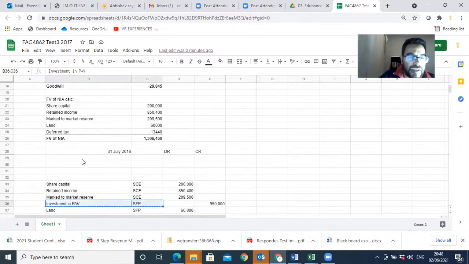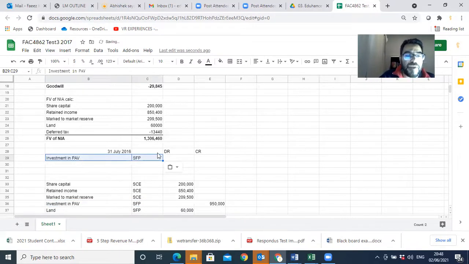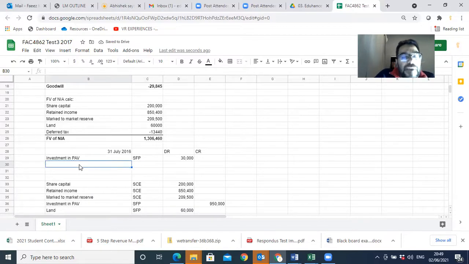So the journal entry will be: debit investment in PAV, 30,000. To increase an investment, you're increasing an asset, and an asset increases on the debit side. For every debit, there must be a credit. This is a deemed disposal, so we are deeming a disposal.